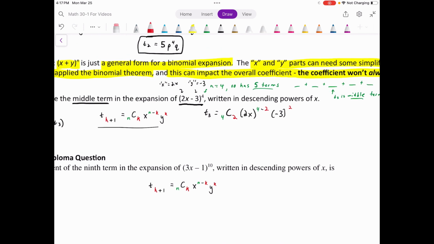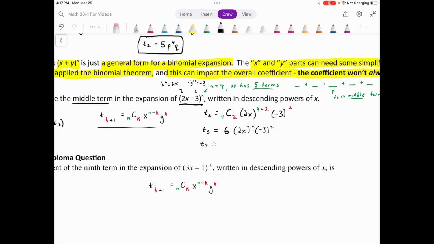So T3, the third term, will be 4 choose 2. Let's just do that first. If you go to your calculator, you'll find that 4 choose 2 is 6. There are 6 ways to choose two things from 4 options. 6 times (2x) to the power of 4 minus 2, which gives us 2, times (-3) squared. Let's actually just do those exponents now.